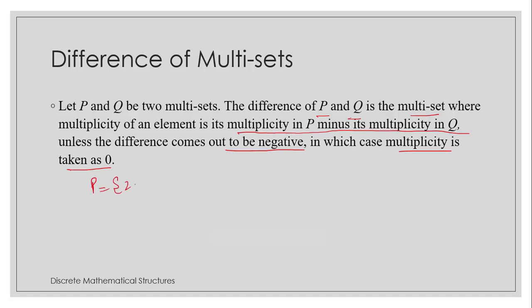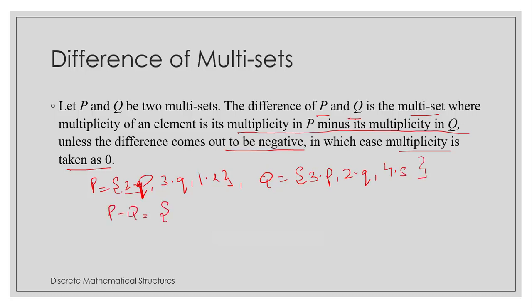So if P is 2 dot P, 3 dot Q, 1 dot R, and Q is 3 dot P, 2 dot Q, and 4 dot S, then P minus Q will be 2 minus 3.